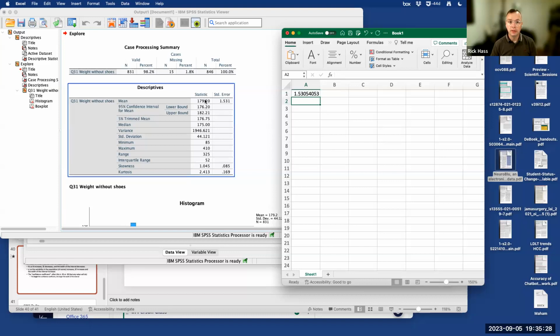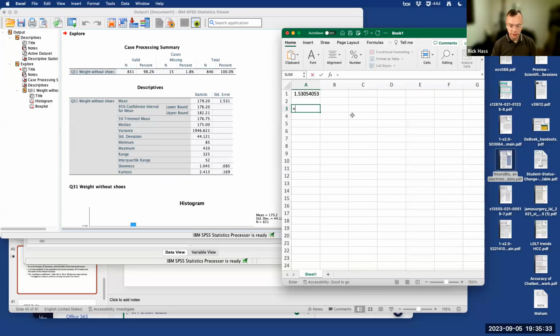The lower limit of the confidence interval is the mean, 179.20 minus 1.96 times this standard error, 176.2. We call that the lower bound or lower limit of the confidence interval.